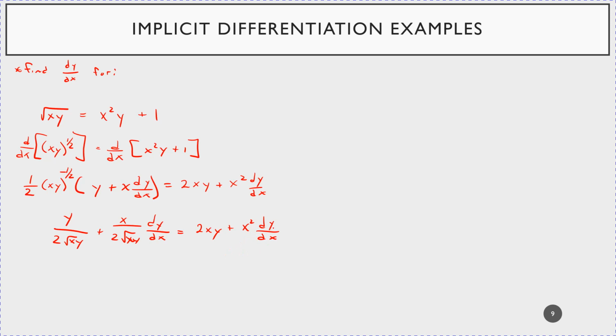Okay, so I'm going to move the dy/dx over. I'm going to move this over here, and then I'm going to subtract this over here. So look, I have this part here.